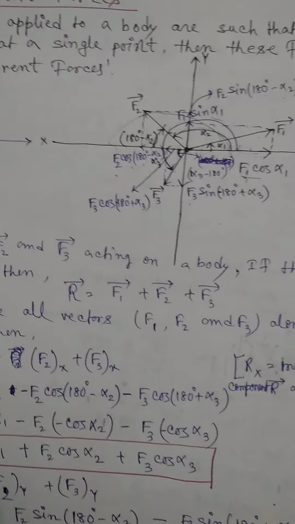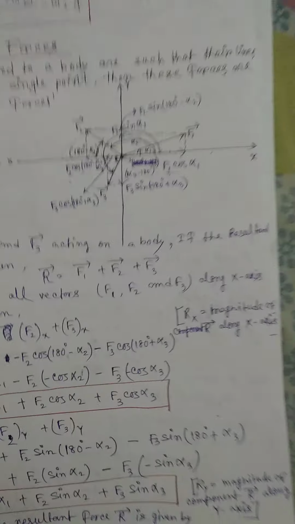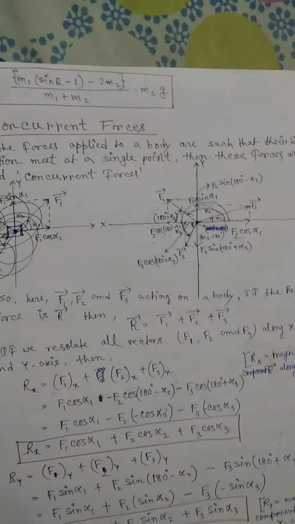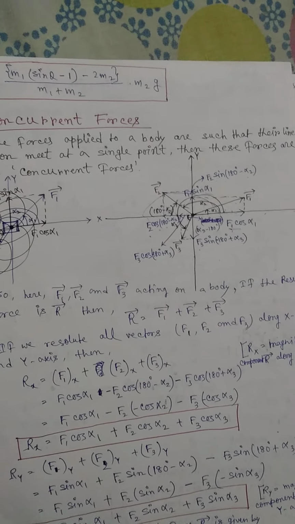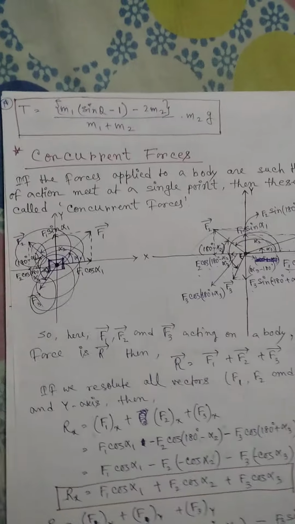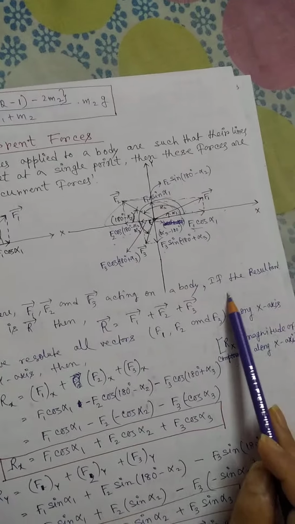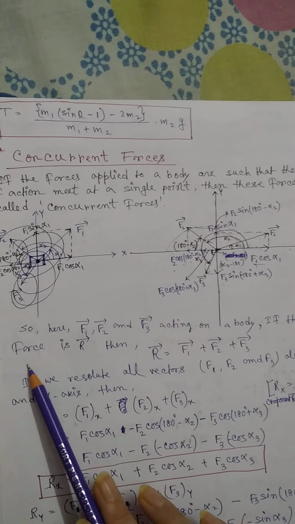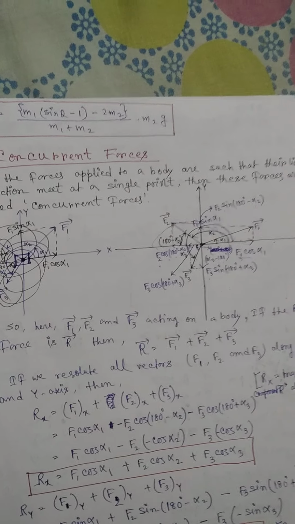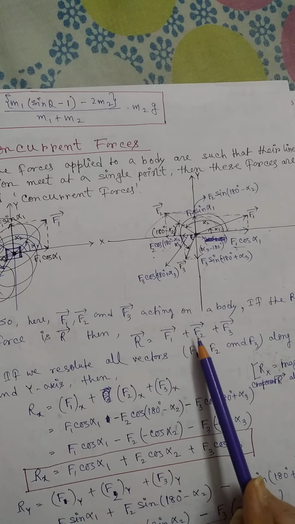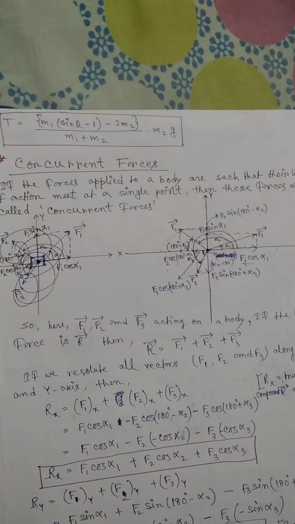Okay, so if we add all the components along each axis, then we will get the resultant vector along x-axis. Just look here. So here f1, f2, f3 are acting on a body. If the resultant force is R vector, that means R vector equals F1 vector plus F2 vector plus F3 vector.